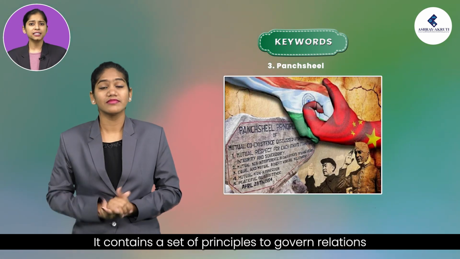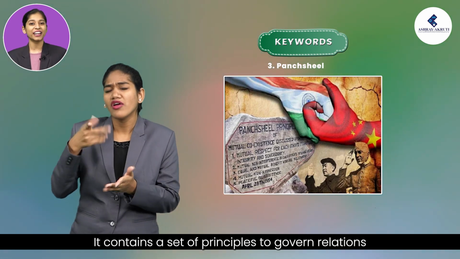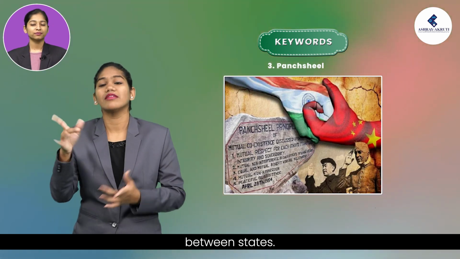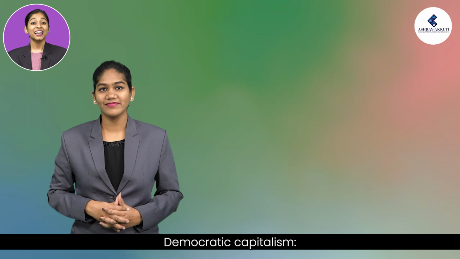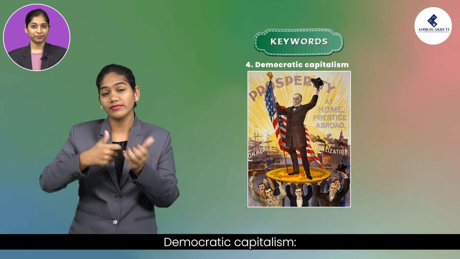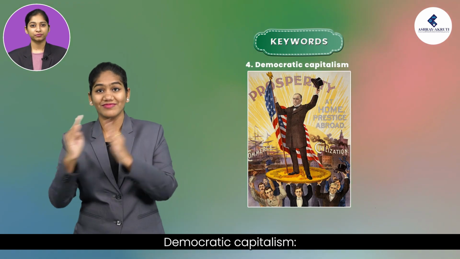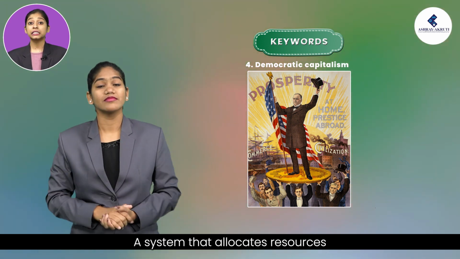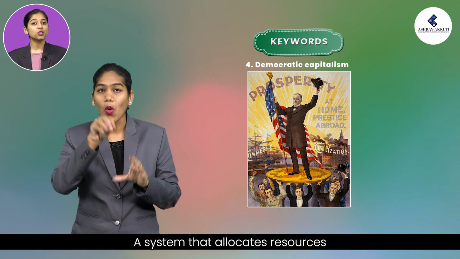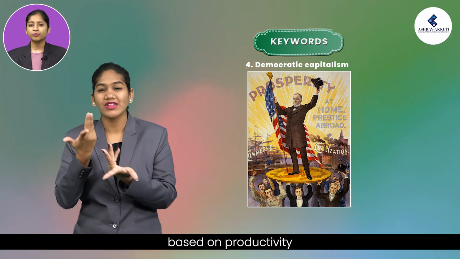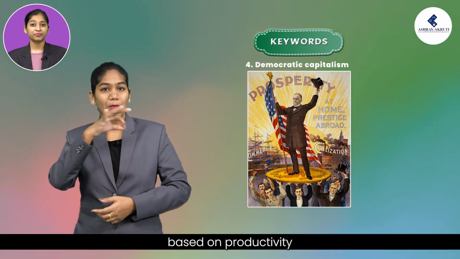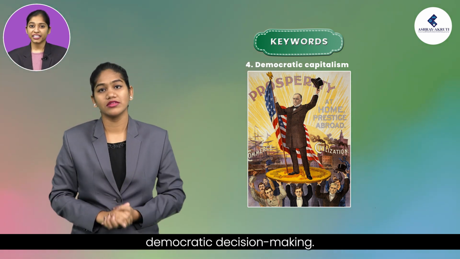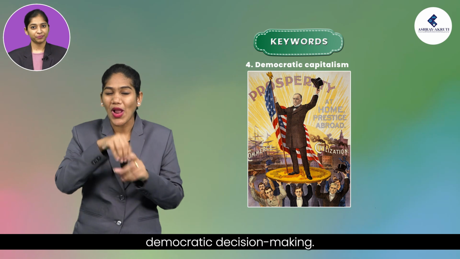It contains a set of principles to govern relations between states. Democratic capitalism: a system that allocates resources based on productivity and social needs through democratic decision making.